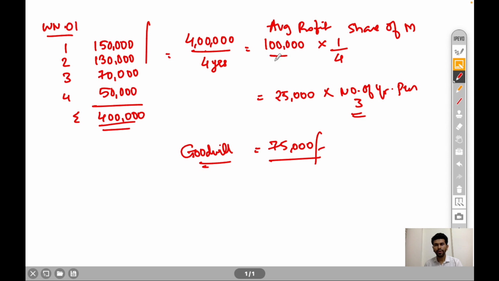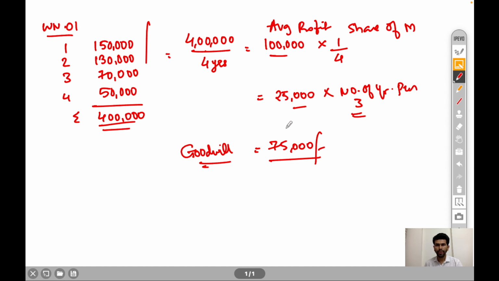We have got 1 lakh rupees average profit. We have find the share of Mukta in average profit, that is 1 by 4. So we have got 25,000 rupees. Last multiply by number of years purchased, that is 3 years purchased. So amount is 75,000 rupees. The share of Mukta's goodwill.